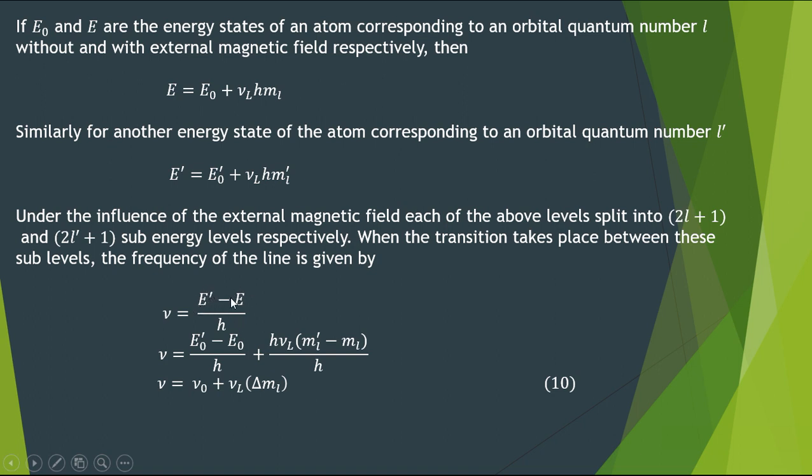Substituting for E dash and E from these two equations, the equation can be simplified to nu is equal to nu naught plus nu L into delta ml, where nu naught is equal to E naught dash minus E naught divided by h, and delta ml is equal to ml dash minus ml.